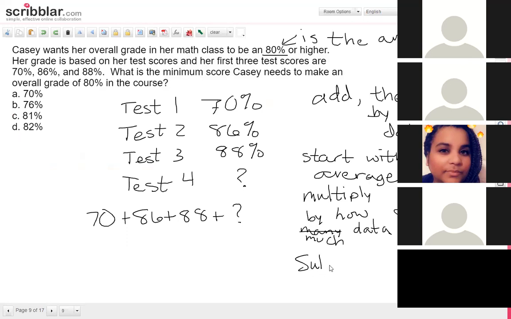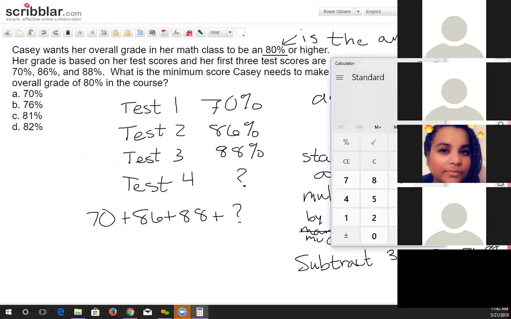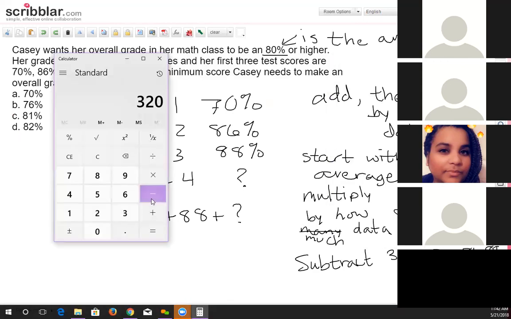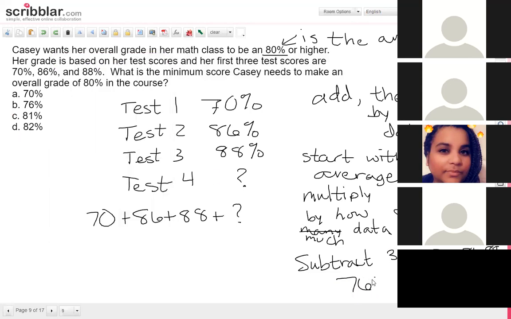So now we want to subtract all of the data numbers we do know. 320 minus 70 minus 86 minus 88 gives us 76%. So that would be the fourth test score we need to keep an overall grade of 80%.